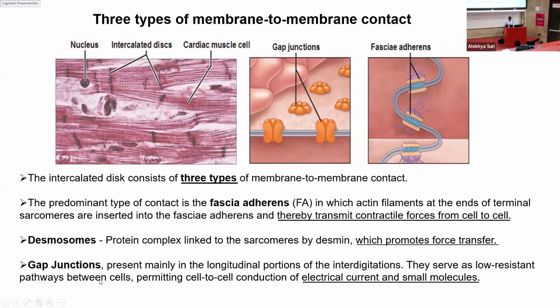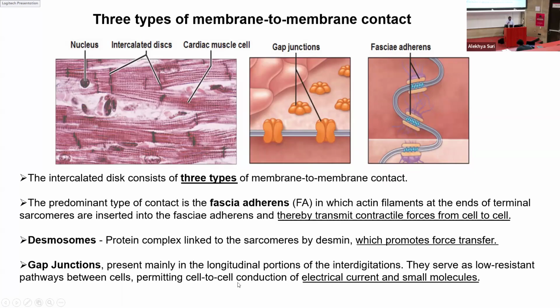The third one is the gap junction. The gap junction is mostly present in the longitudinal portion of the interdigitation. If you take a section, it will be in the communication between the intercalated discs, not on the sides of the myocytes, and it serves as a low-resistance pathway between the cells. You will see it in the next slide.